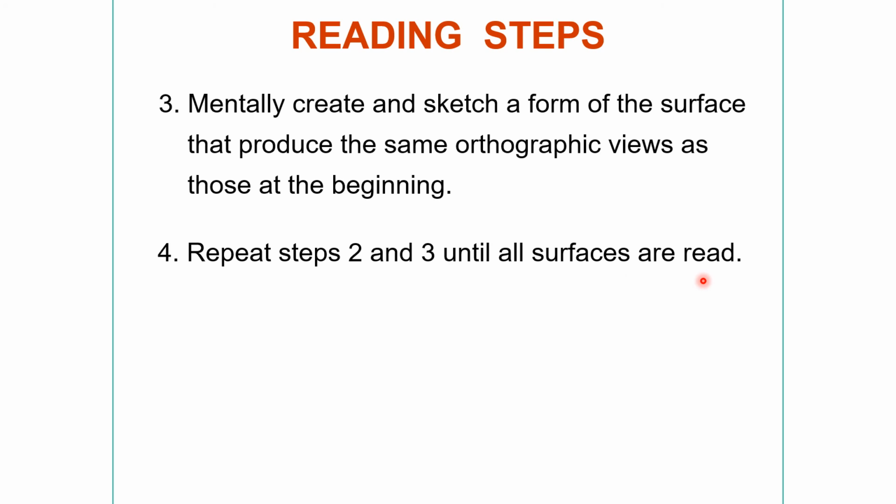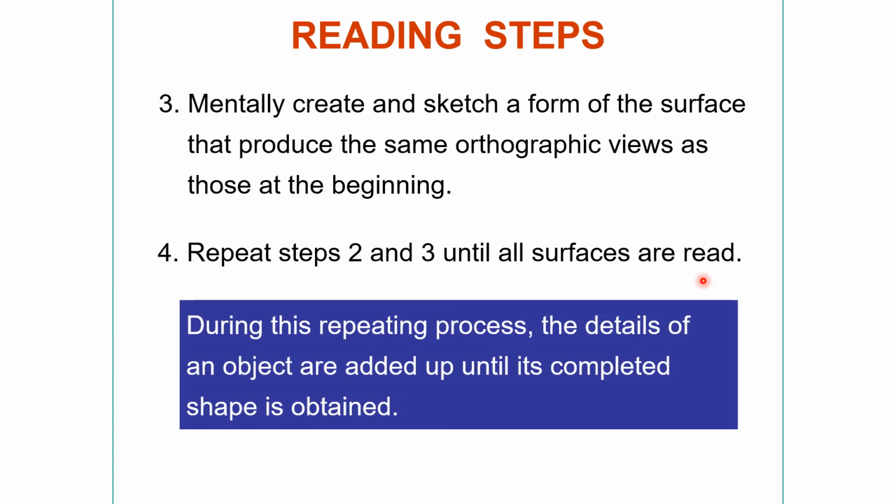Step by step read each surface and count that this surface is present in top view, okay, at the front view that is present at that location, and in the right side view that is present at that location. During this repeating process, the details of an object are added up until its completed shape is obtained. Means we will repeat this process until we get the full shape.